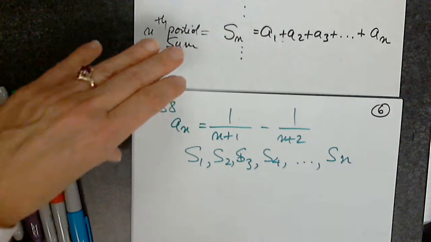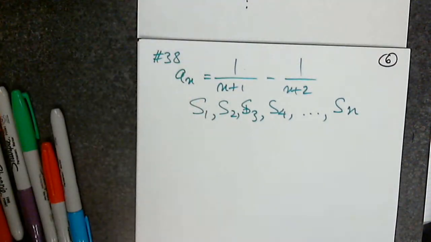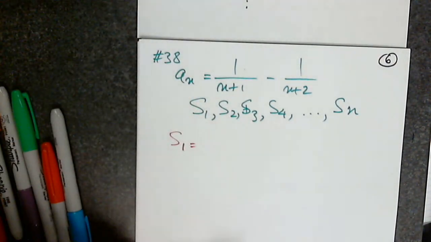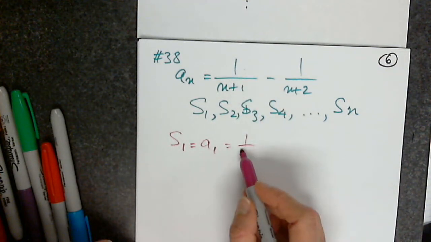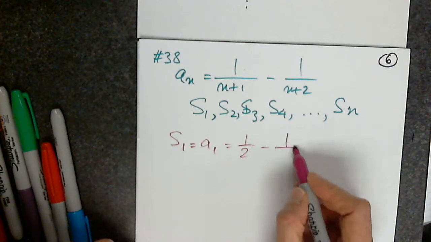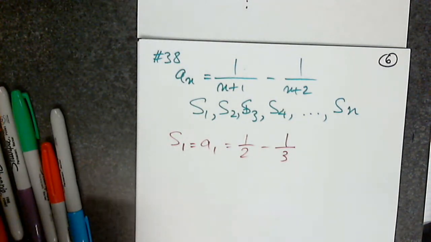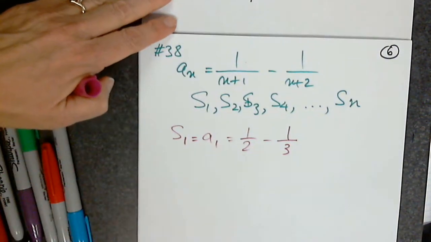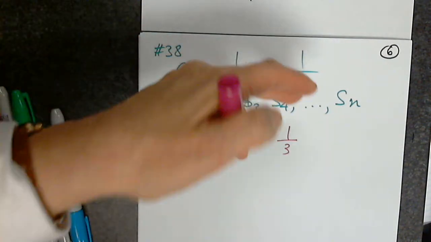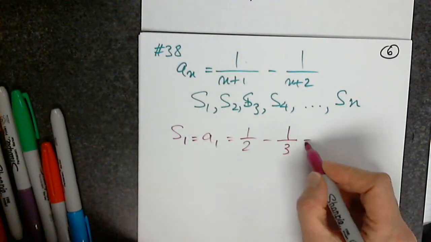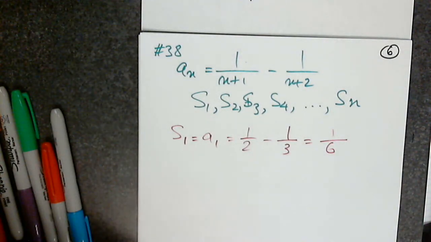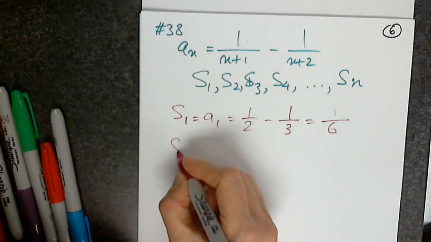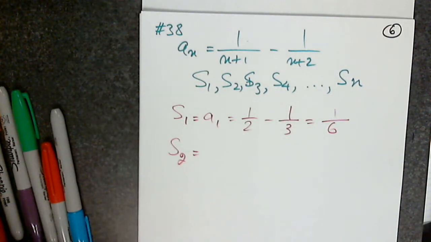Okay, so how do I find S1? Good. Which is 1 divided by minus. Do not add. Actually, I do have to add the first 4 because I'm asked to add them. Yeah. So the least common denominator is 6. 3 minus 2, 1. Okay, let's find S2. What does S2 equal to?